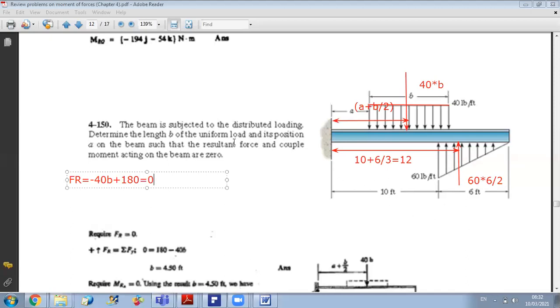From this condition that the resultant force is 0, I can find the value of B. So I deduce that B is 4.5.